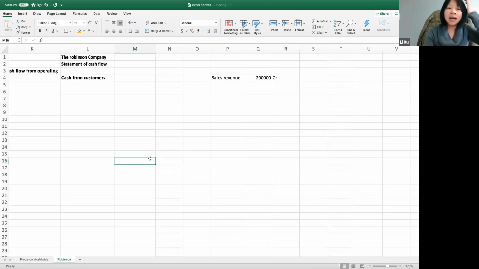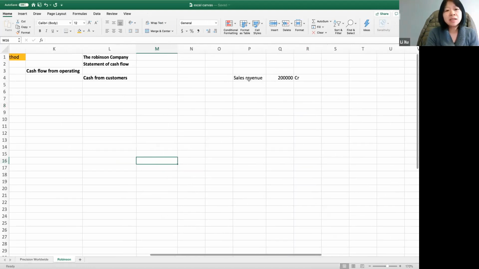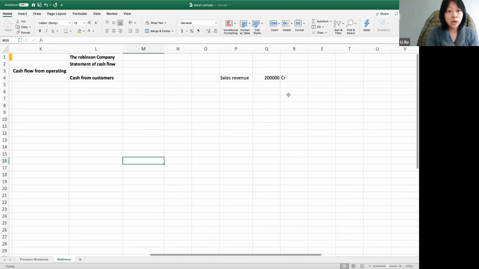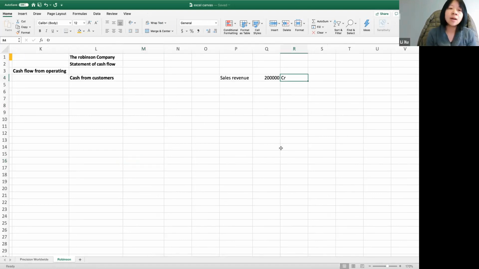Okay. So now, I just put down the sales revenue, 200,000 here. Why did I put a credit? Because that's the normal balance. Now think about what are the unrelated accounts when you have sales: account receivable, right? Therefore, what I do, I want to look at any changes in account receivable. Here, account receivable actually increased. When you have an increase in account receivable, the normal balance is debit.